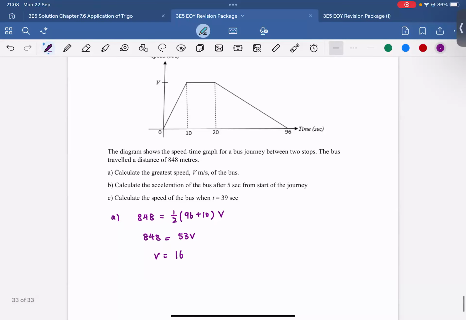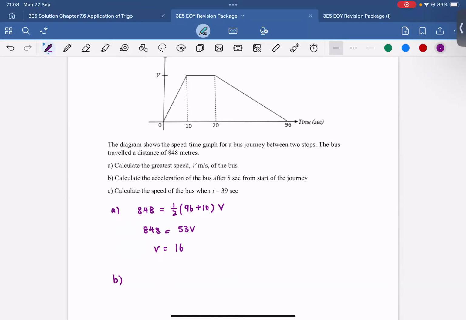B, calculate the acceleration of the bus after 5 seconds. In speed time graph, what is the acceleration? Gradient. So we know that this point is 10, 16. This point is 0, 0. So we use the gradient formula. 16, 10, 0, 0.